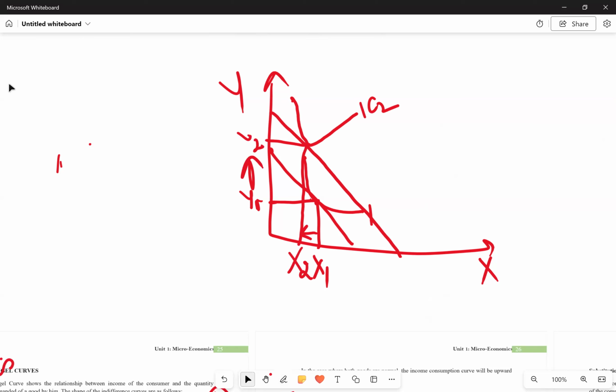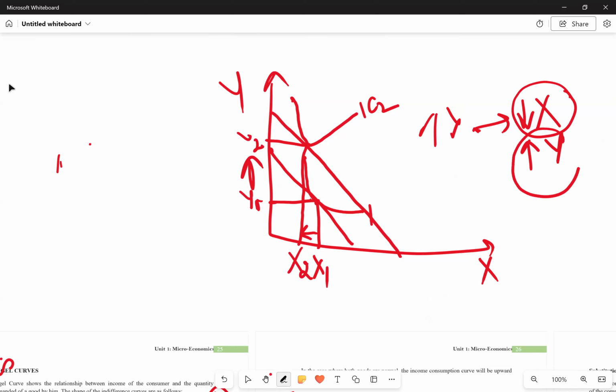So this means that an increase in income has resulted in a fall in X but a rise in Y. So X is an inferior good and Y is a normal good.